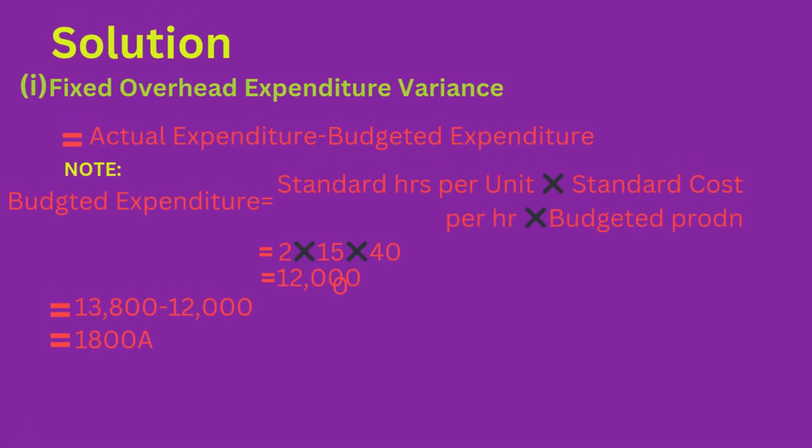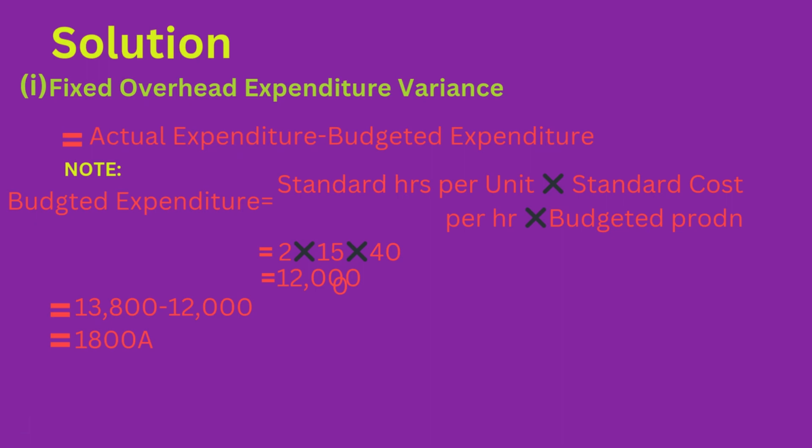Let's give a solution to our example. Let's start by calculating the fixed overhead expenditure variance, which is given by the actual expenditure minus budgeted expenditure. The actual expenditure is given, that is 13,800 shillings, minus the budgeted expenditure, which we will calculate as the standard hours per unit multiplied by standard cost per hour multiplied by budgeted production.